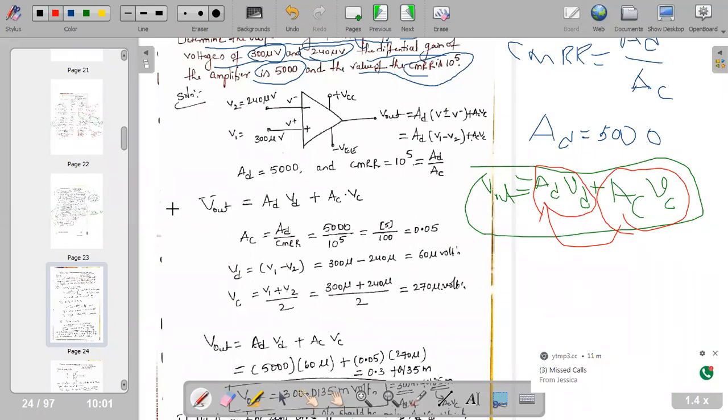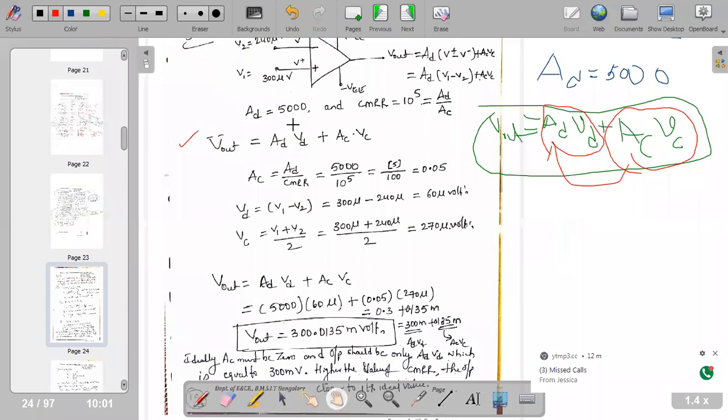From this Vout expression, we know AD directly. It is given, a differential gain of 5,000. We don't know what AC is here, so first we need to find AC. From the definition of CMRR, it is the ratio of the differential gain to the common mode gain, that is AC.